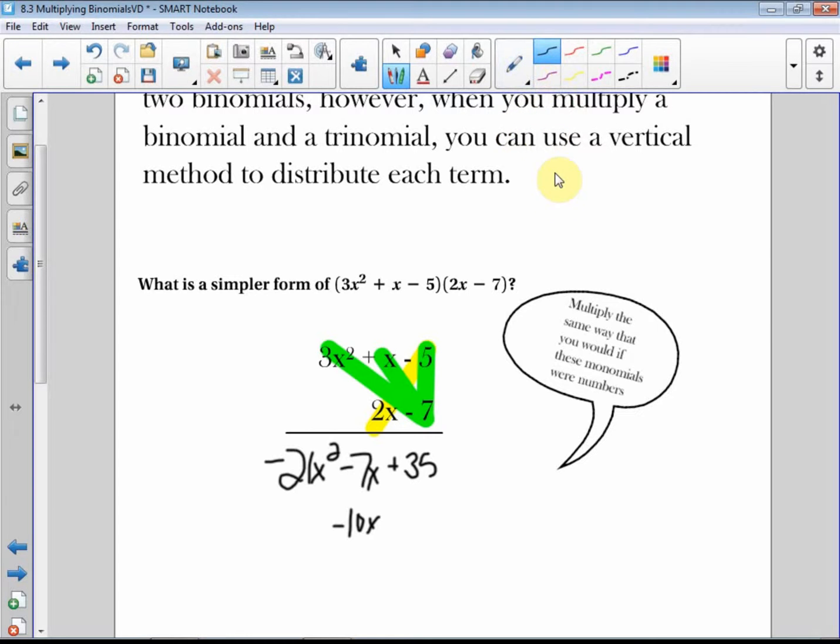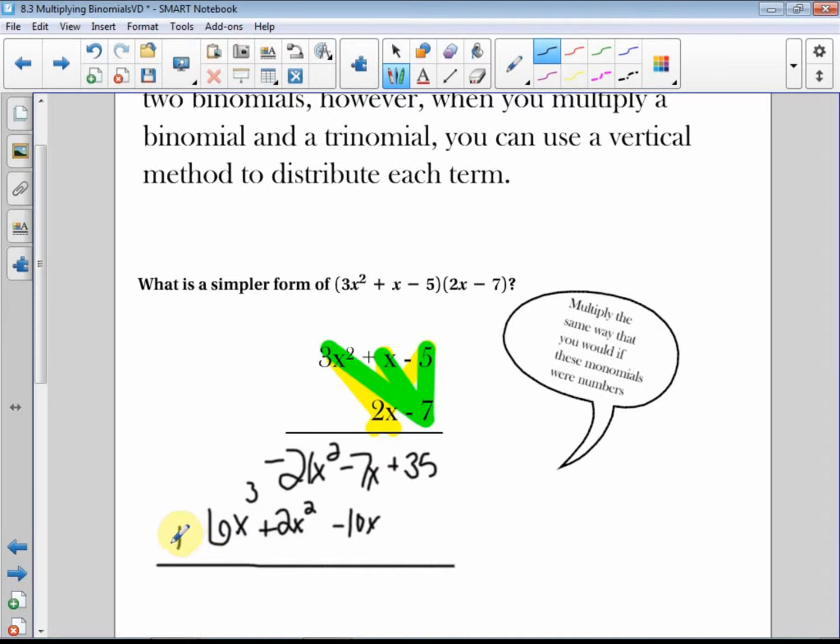I'm going to multiply 2x times positive x, which will give me 2x squared. And last, I'm going to multiply 2x times 3x squared. And that will produce a 6x cubed. And I'll separate that with a positive number.